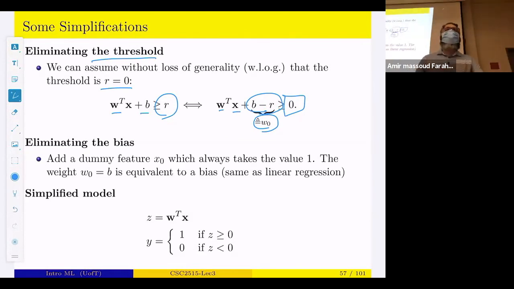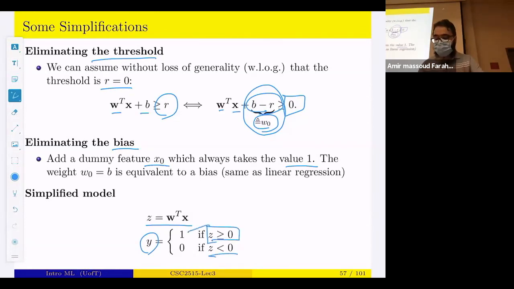Also, as we had seen before, we can eliminate this bias term by adding a dummy feature x0, which always takes the value of 1. If you remember, we had this for regression too. As a result, the model becomes essentially Z equal to W transpose X. And our prediction depends on whether Z is positive or negative.